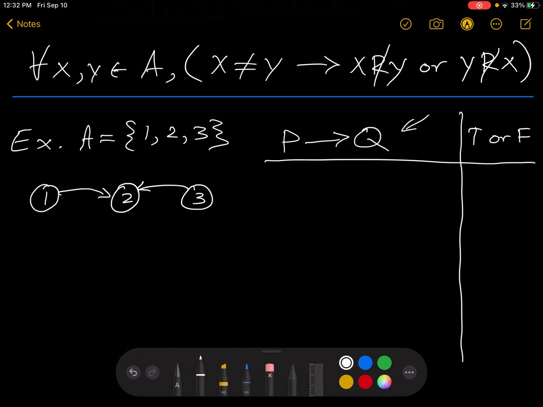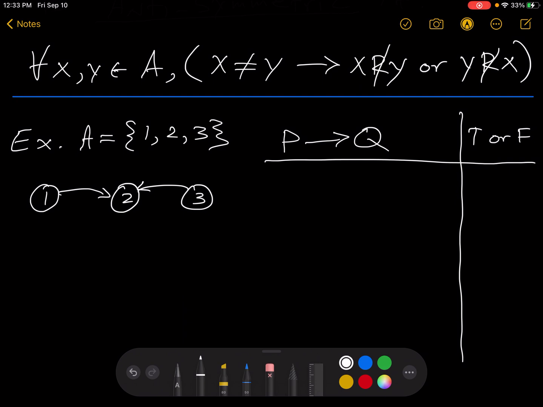So this will be our statements, P implies Q. This will be all of the statements that are defined when you consider the for all x, y in A in the blue underlined statement above. And over here we'll decide if those statements are true or false. Remember, if they're all true, then this relation satisfies the statement underlined in blue and therefore is antisymmetric.